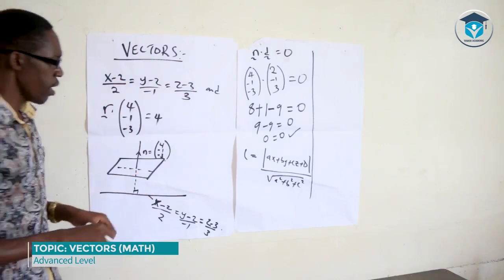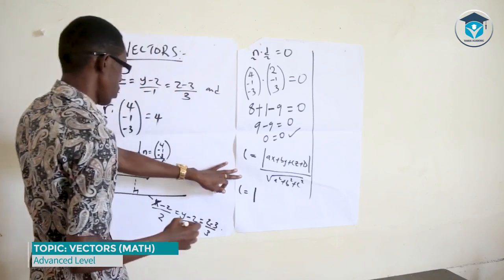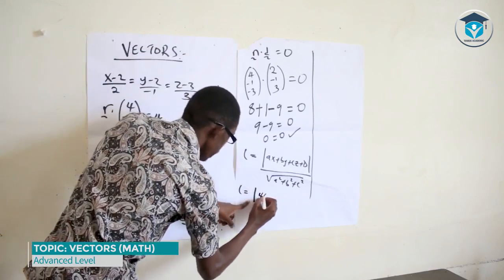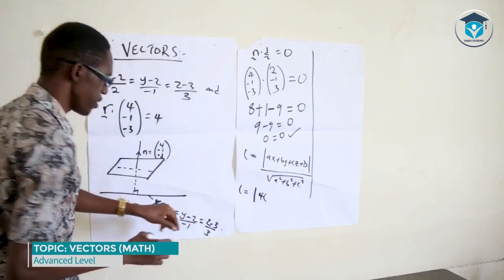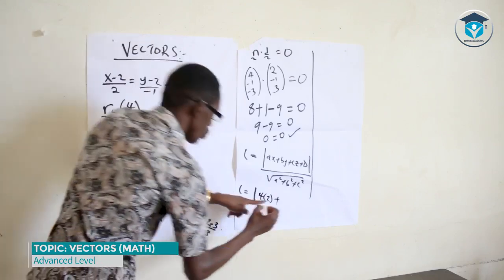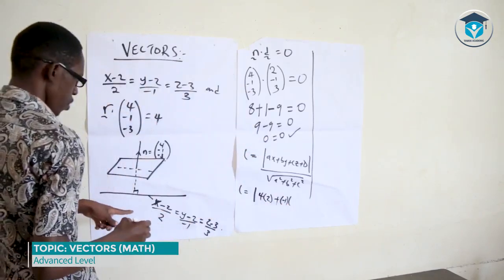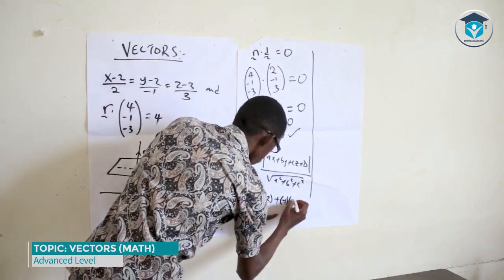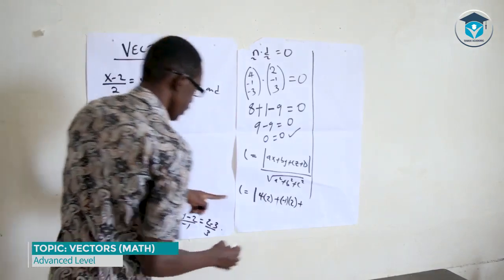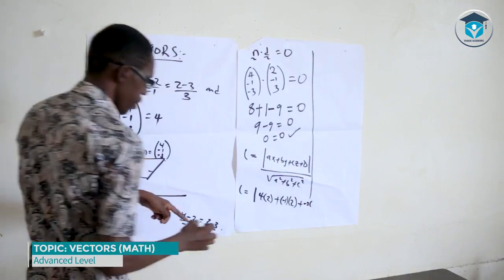it becomes very easy. L is the magnitude of our A, which is 4, multiplied by x, which is 2, plus our B, which is negative 1, multiplied by our y, which is 2, plus our C, which is negative 3, multiplied by 3.